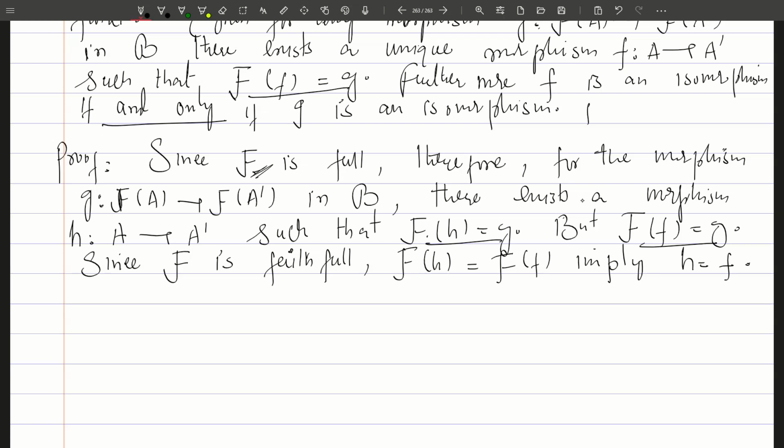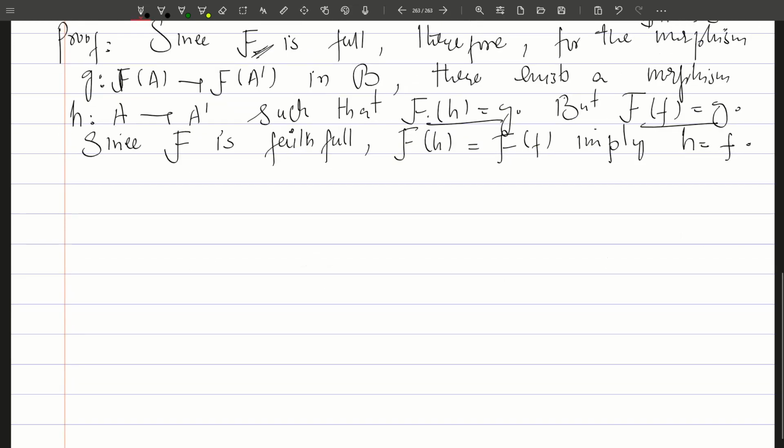That is, if f is an isomorphism between objects A and A prime, then F of f between objects F of A and F of A prime is also an isomorphism. So this is trivial. Now to prove the converse, that if this is an isomorphism, then this is an isomorphism, this is what we need to prove.